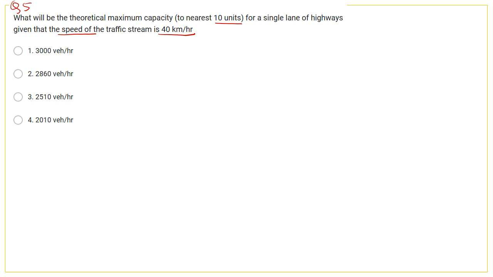To calculate this maximum capacity, the formula is C = 1000 V / S. This C is the capacity in vehicles per hour.